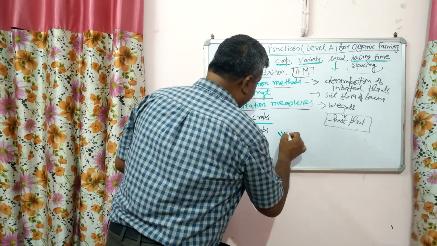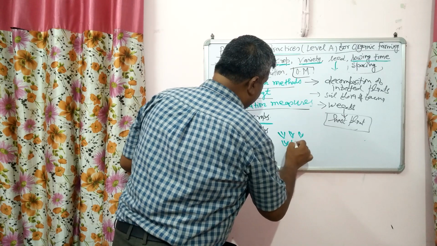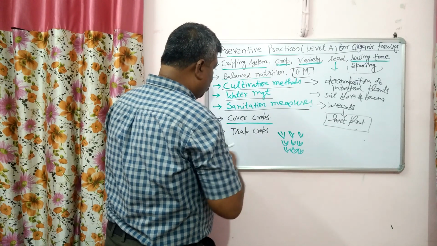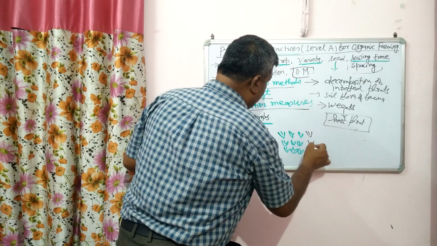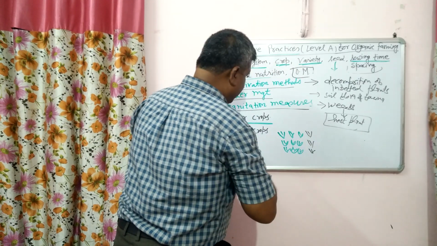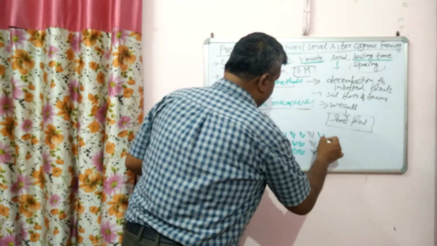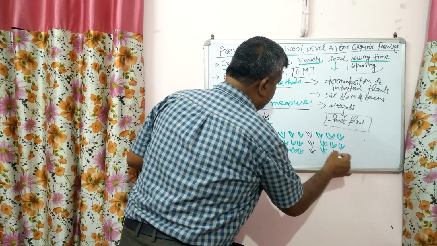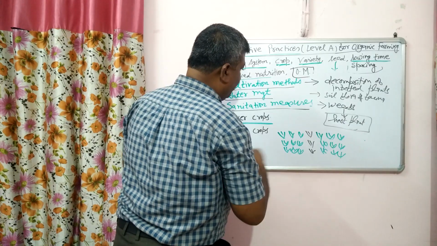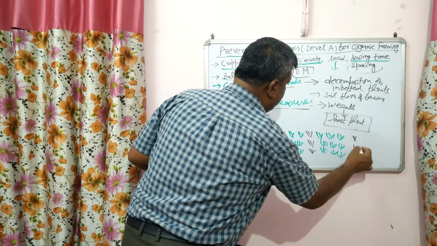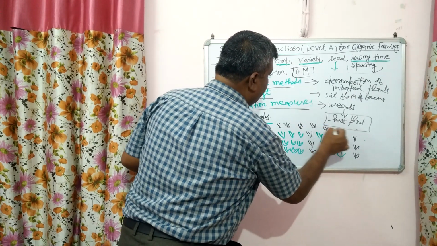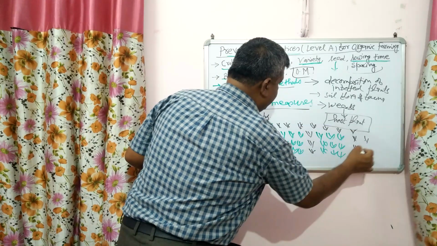For example, suppose this is the main crop where insects come. So we can grow one line of this trap crop, then the main crop, then one or two lines of trap crop in between, and similarly the trap crop on the boundary of the field.